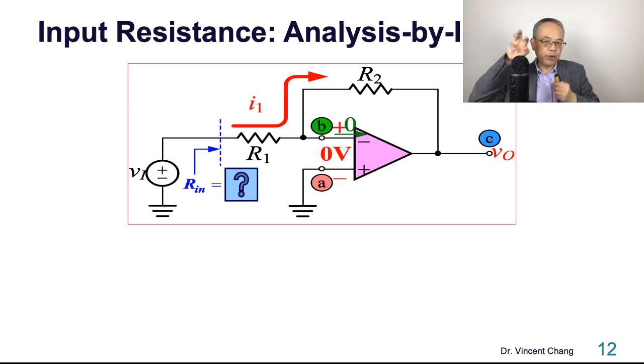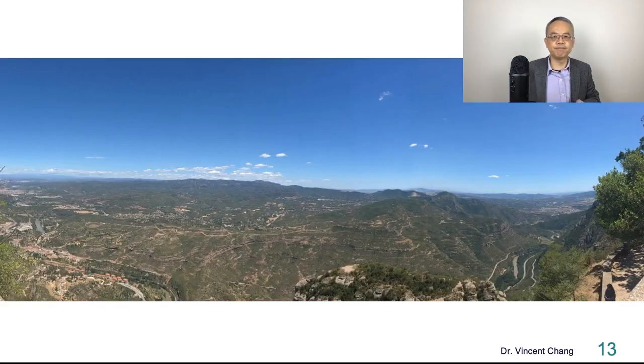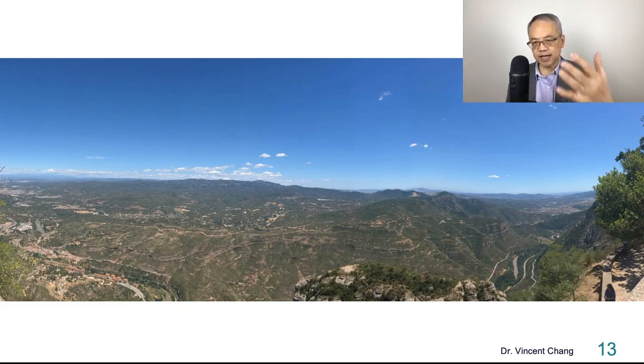So what's the input resistance Rin? I want you to pause for maybe a couple of minutes to think about the question I just asked you. What's the input resistance of this closed loop inverting amplifier?